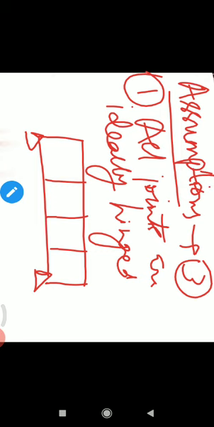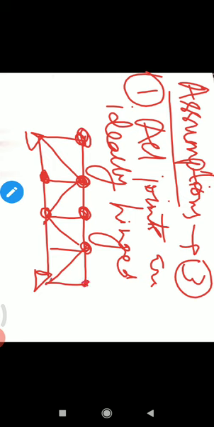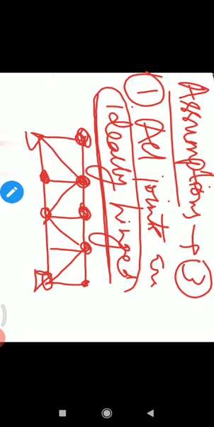Joints are the points where two or more members meet each other. So this is the joint, this is the joint, this one, this one. These joints are assumed to be ideally hinged. Ideally hinged means they have no displacement or vibration, which is actually an ideal condition.